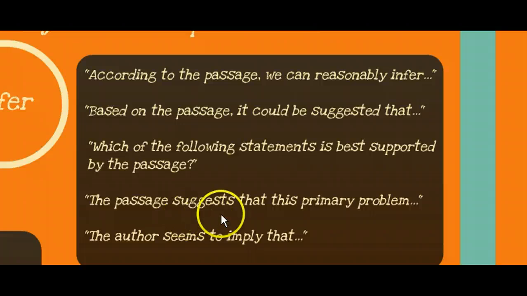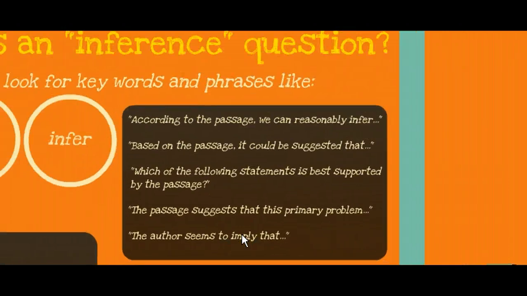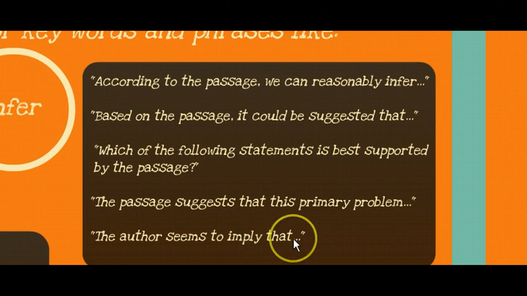The passage suggests that this primary problem, there's that suggests, the author seems to imply that. These are all question stems that are asking you to make an inference. When you see questions worded similar to this, you know that your job now is to go back and look at the text and look at the details and try to make an educated guess based on the details.